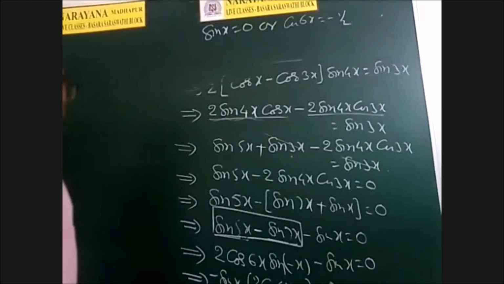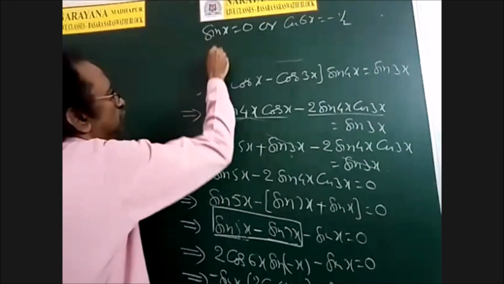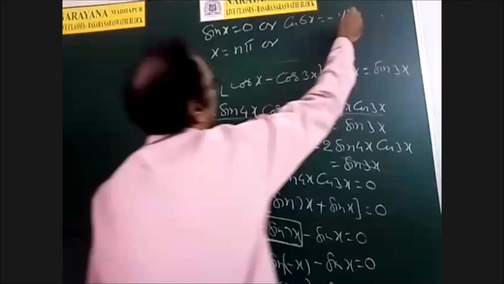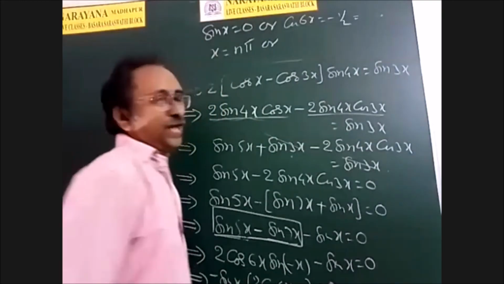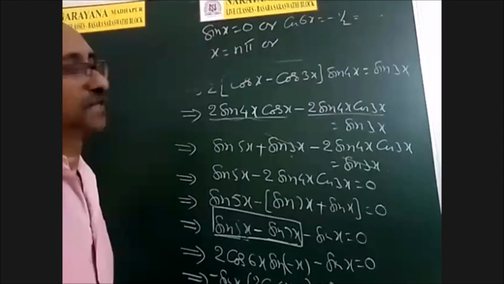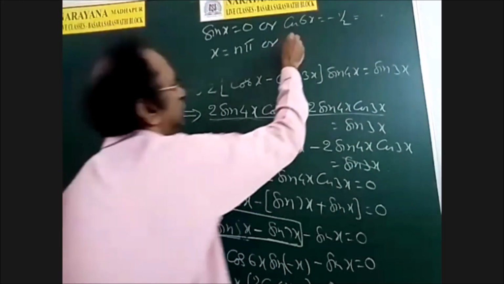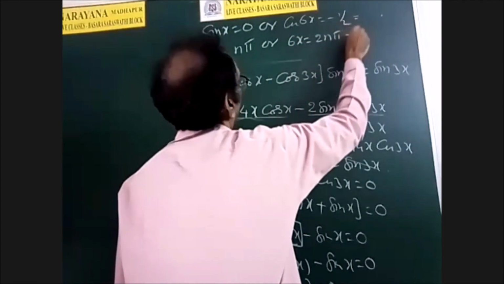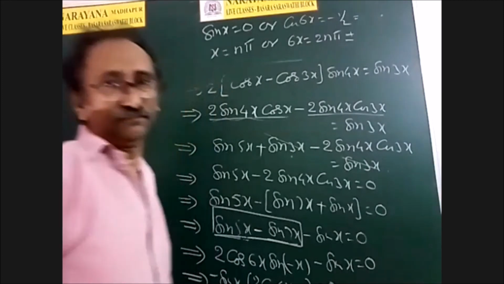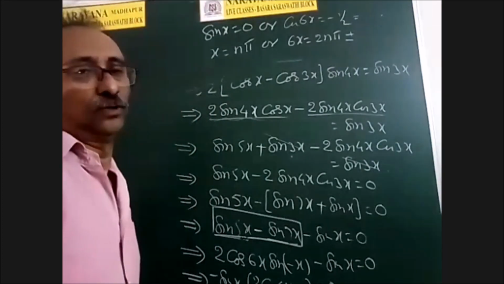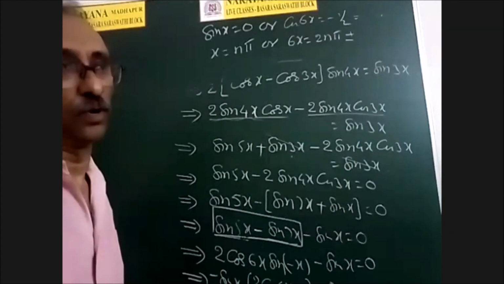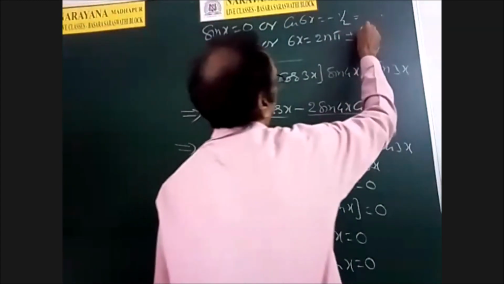Now you can do that from that step. Sin x is equal to 0 means x is equal to n pi. Or now if you can give one solution for cos theta is equal to minus 1 by 2, then I can write 6x is equal to 2n pi plus or minus that angle. So what is cos theta is equal to minus 1 by 2? Negative means we have to check it in the second quadrant. That is 2 pi by 3.